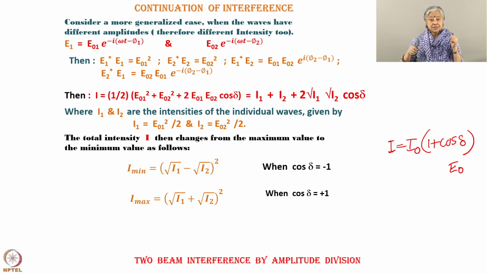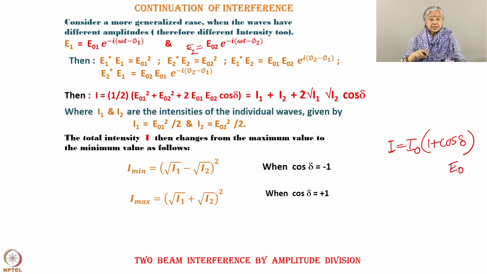That is why I consider a generalized case where I start with the same waves as before, but the first wave has amplitude E01 and the second one E02.